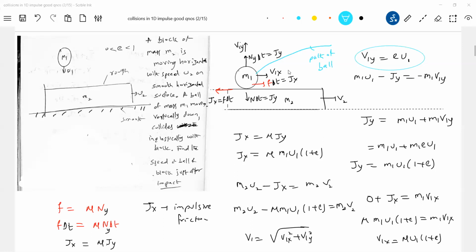The block is on the ground and the motion is only horizontal, so this equation is very much valid. There's no motion of the block along the y-axis. Only the ball will have motion along the y-axis. It will be incident, and it will rebound and move.